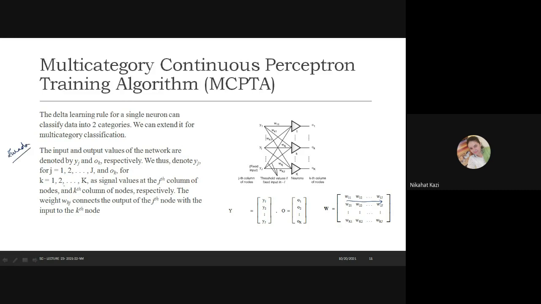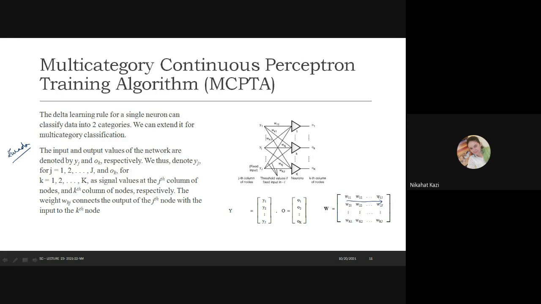It's just a notation. A single weight is represented by WKJ, where K is the neuron number and J is the input which is being connected to that neuron. Are you getting it? Okay. Neuron number first, then the input number, input feature. Neuron number followed by input feature. Okay.